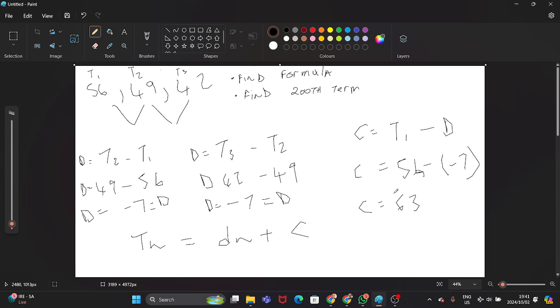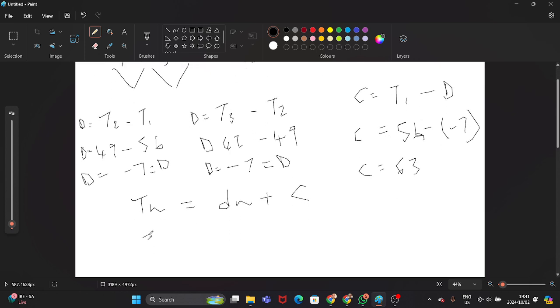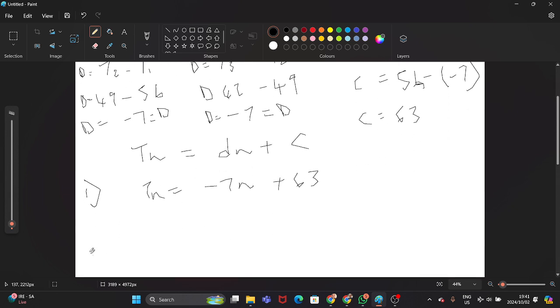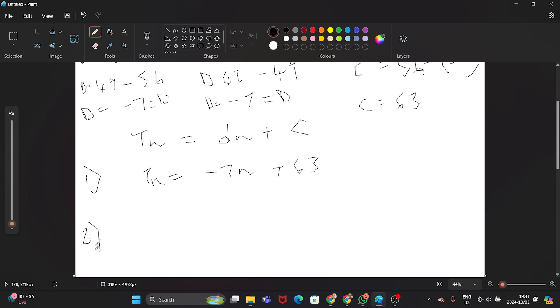So now we have everything that we need for the formula. So Tn is equal to -7n plus 63. Okay, so the next question, that was question 1. So question 2 asks us to find the 200th term, right?